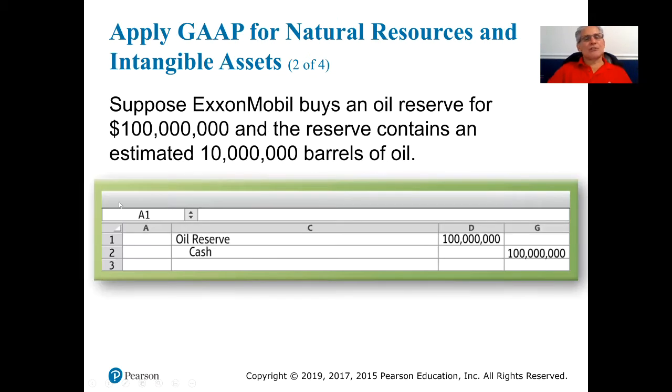So for the original purchase of an oil reserve, as an example, suppose ExxonMobil buys an oil reserve for $100 million, and the reserve contains an estimated 10 million barrels of oil. The initial purchase would be a debit of $100 million and a credit to cash.